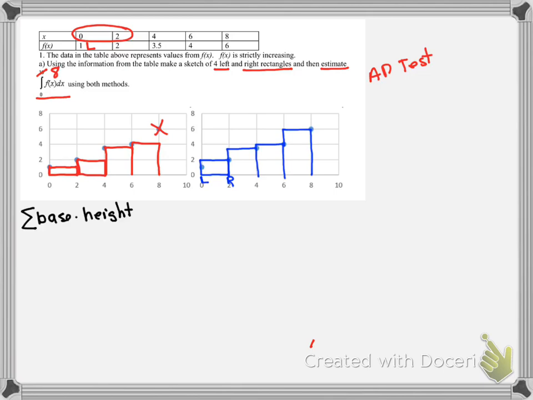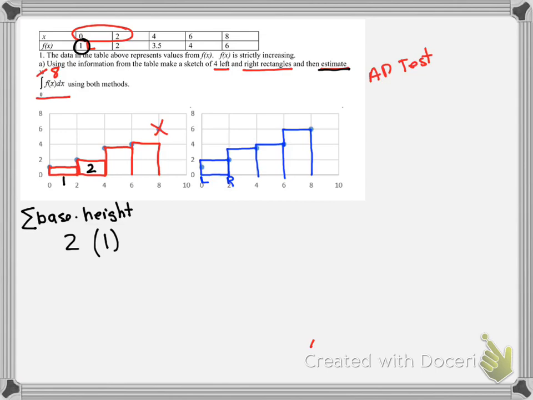Now, as we actually make the estimate, we are going to sum all of the bases and heights. So in this first case, our height for our left rectangle is 1, and our base is 2. That's for this first one.